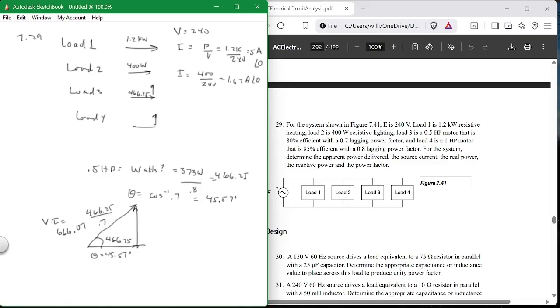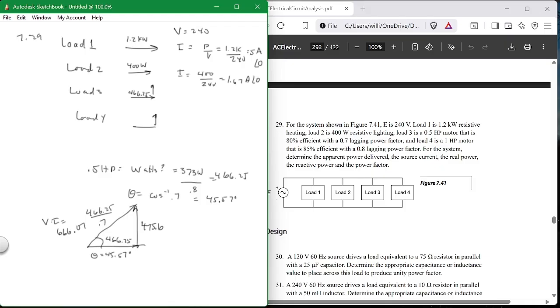666.07 times sine of theta, sine of 45.57 degrees, is equal to 475.6. Now, this is my V, this is 240.